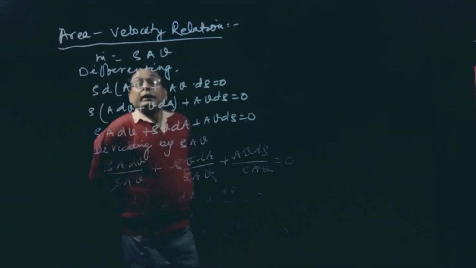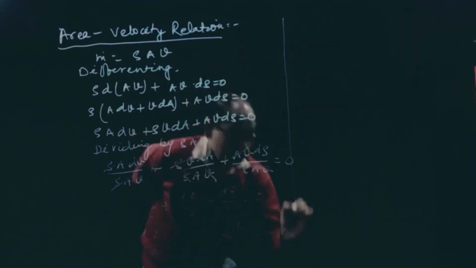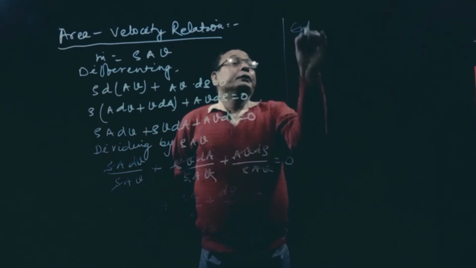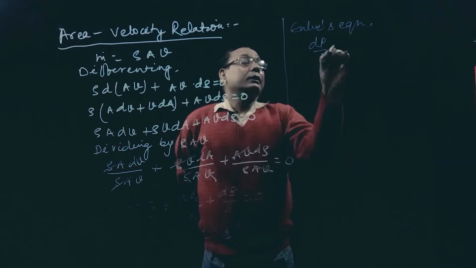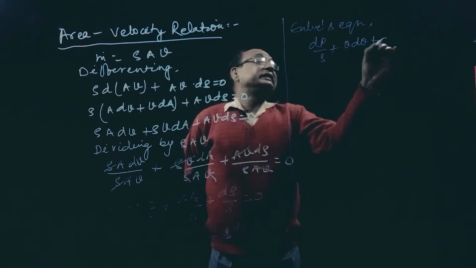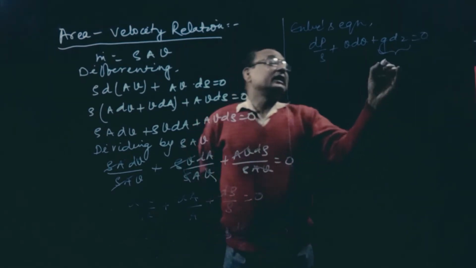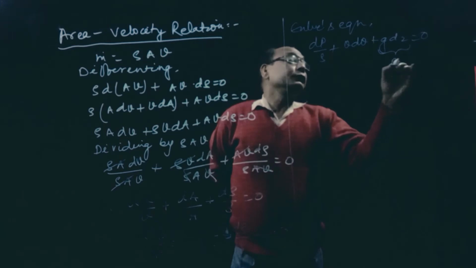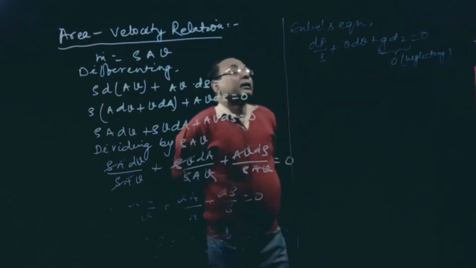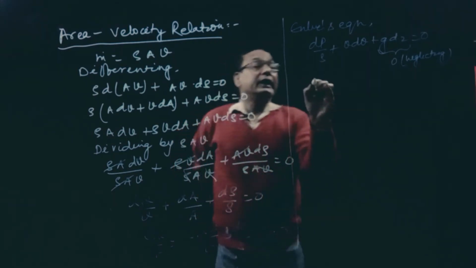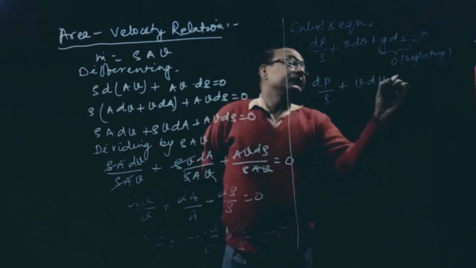So for the area velocity relation, this comes from the Euler equation. We know dP by rho plus V dV plus g dZ is equal to 0. We can neglect the potential energy term, so we will have dP by rho plus V dV is equal to 0.